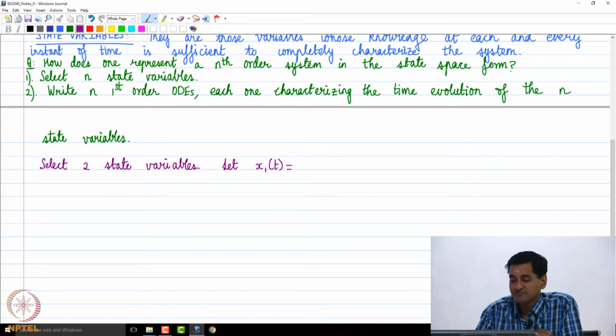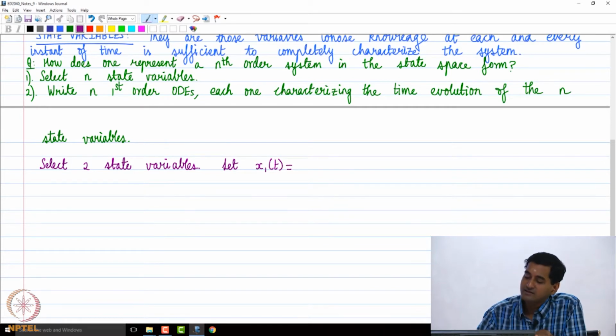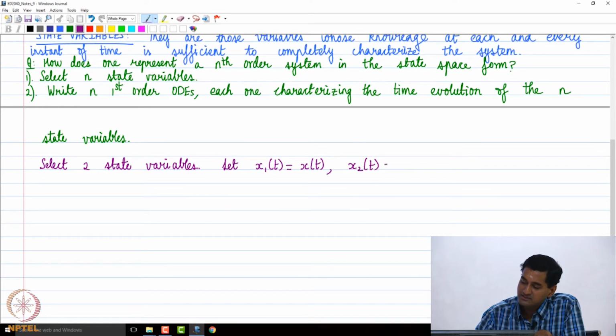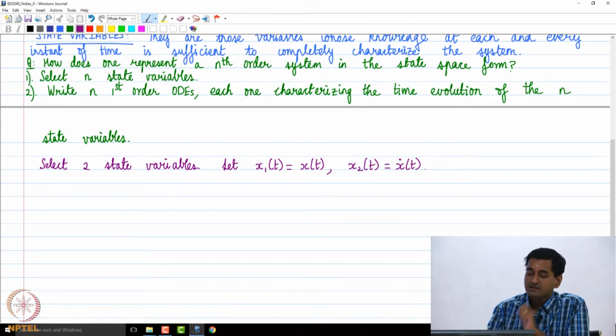Okay. So, the first state variable x1, let us take it as the displacement x of t, right, and let us say the second state variable x2, let us say we take it as the speed x dot of t. Okay. So, let us say we choose these two as the state variables, right.